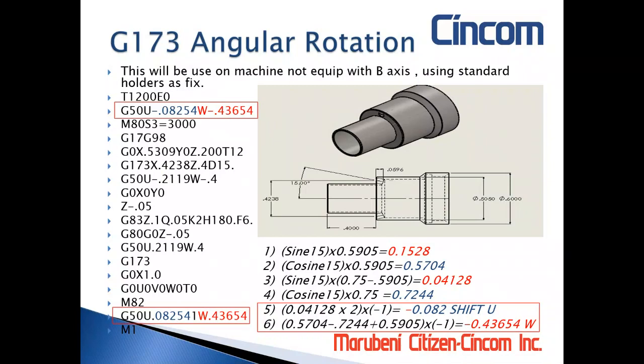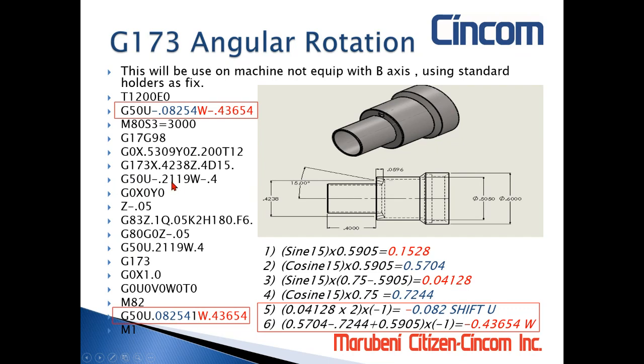But in this case, it has to be a radial. And to make it radial, we have to get the desired number from our point, which is our 0. It's 0.4238. We have to make it in a half.